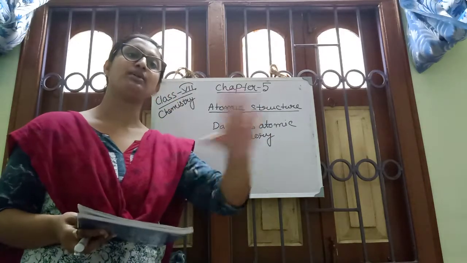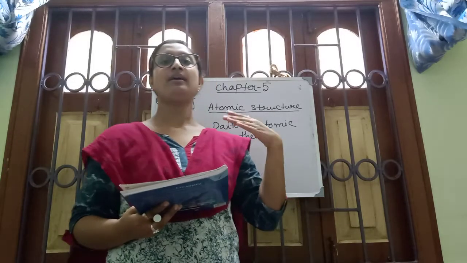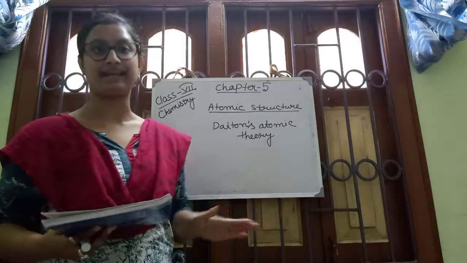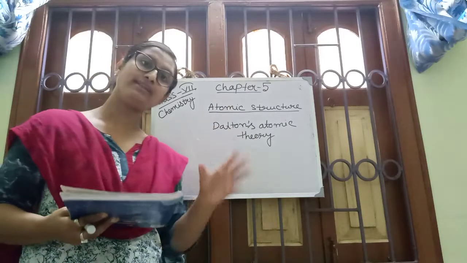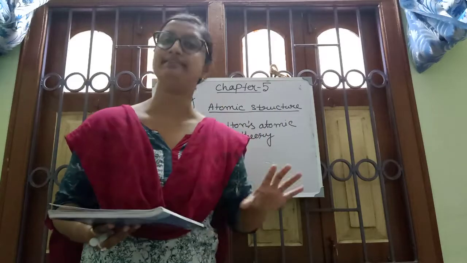If we take iron and copper, the atoms of iron and copper are different. But all the atoms present in iron are identical.